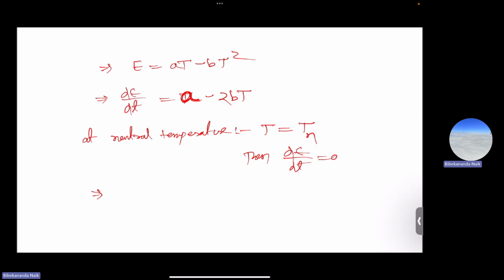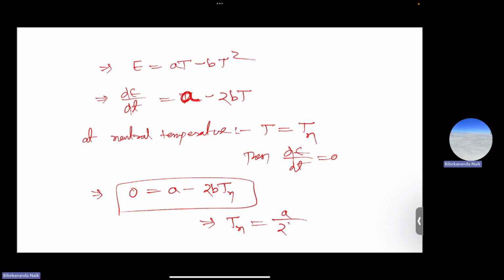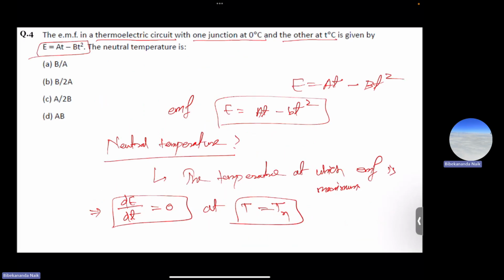That implies 0 equals A minus 2B Tn, or Tn is A by 2B. Sorry, here it is capital B, so A by 2B. So the correct option is option C, A by 2B.